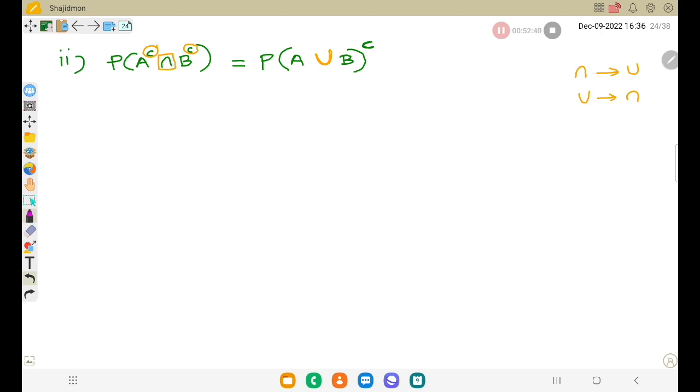Just applying the rule, we take the complement out: probability of A union B complement.